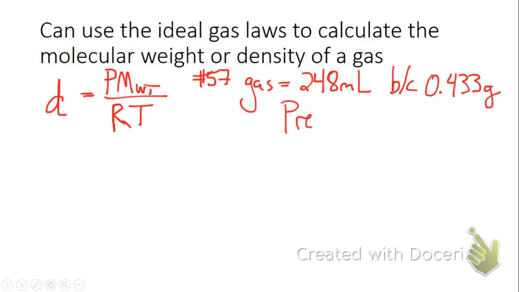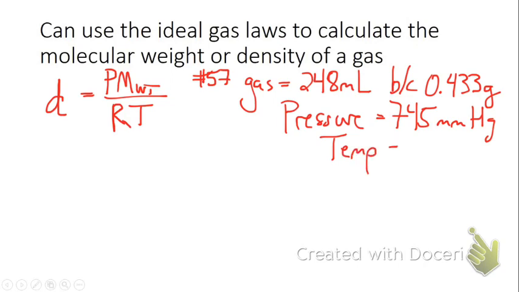The pressure is 745 millimeters mercury of this gas, and the temperature of the gas is 28 degrees Celsius. And so we want to know how much does this gas weigh. So the first step is to find all the variables that we can.